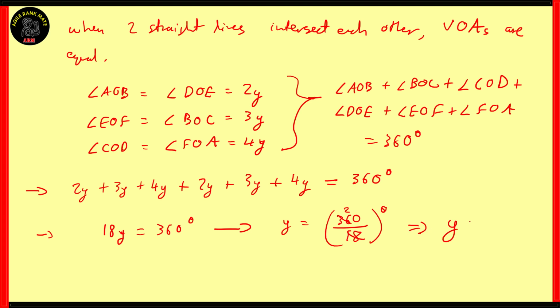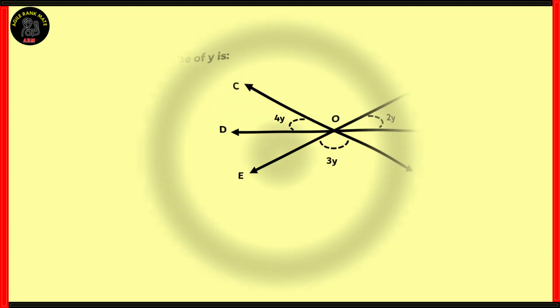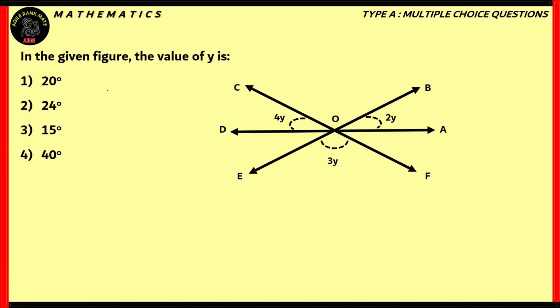So the value of y is equal to 20 degrees. So, in the given figure, the value of y is option 1, 20 degrees. The other options turn out to be incorrect by solving the question using the properties of vertically opposite angles and also that of the complete angle being 360 degrees.